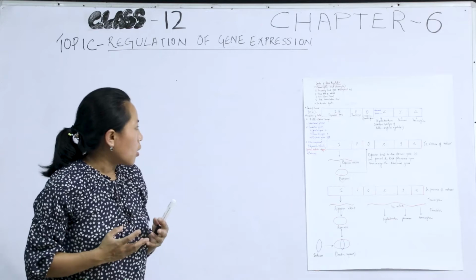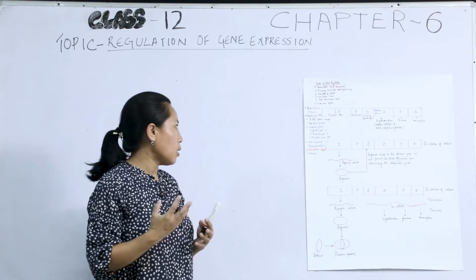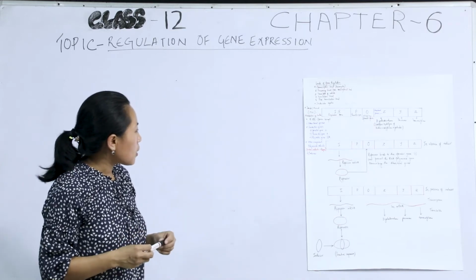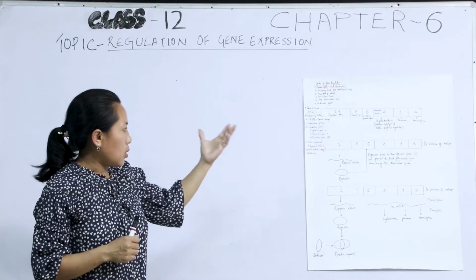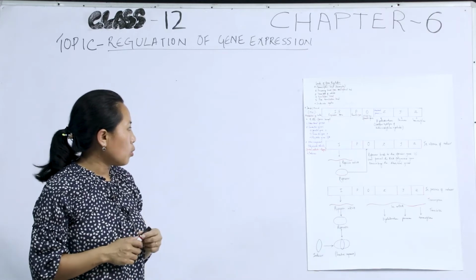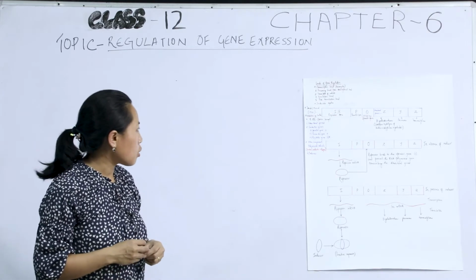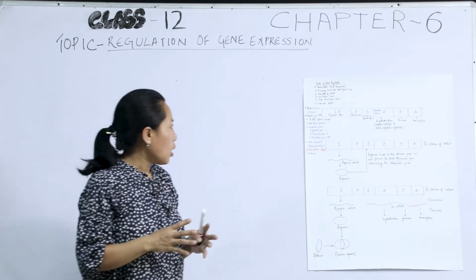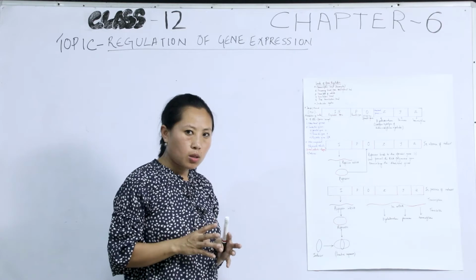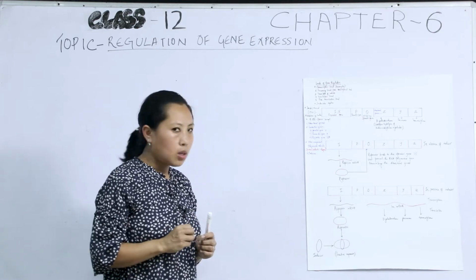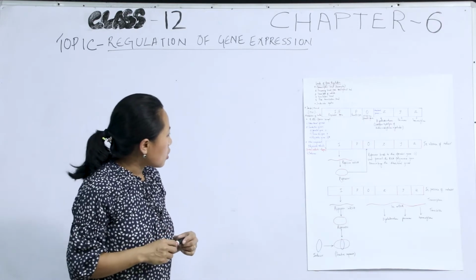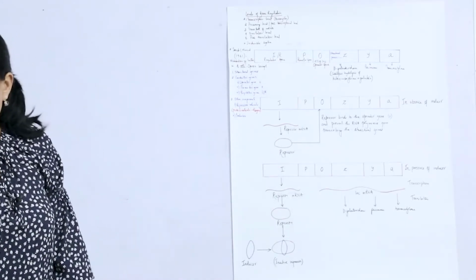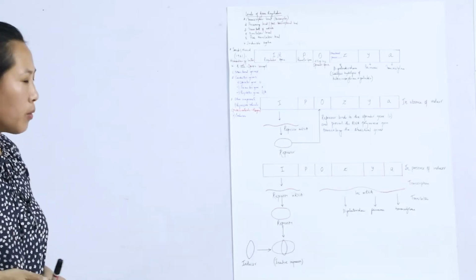In this case, they proposed their concept studying the metabolism of lactose in E. coli. According to them, the lac operon or lactose operon consists of the structural genes, the controller genes, and other components. These structural genes are denoted by the letters Z, Y, and A. If you have your textbook, you can open up and follow me with that.